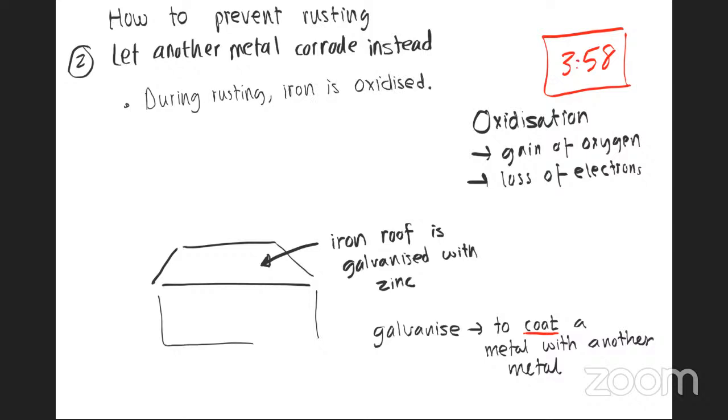And one thing we need to know is the more reactive the metal, remember this now, the more likely it is to lose electrons and gain oxygen atoms. So the more reactive the metal, the more readily it loses electrons.